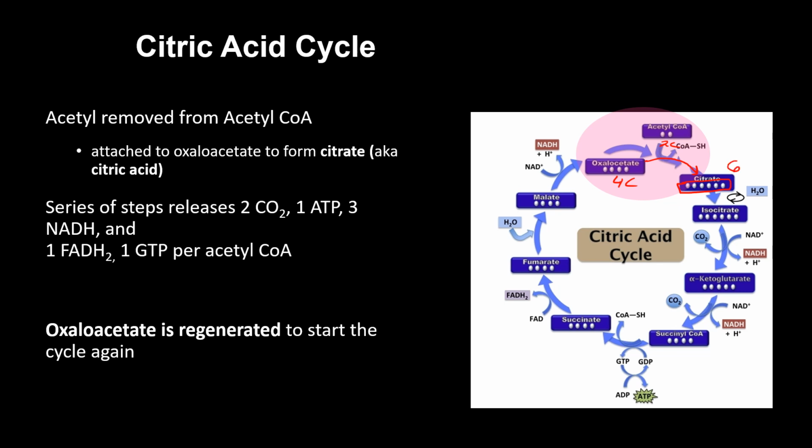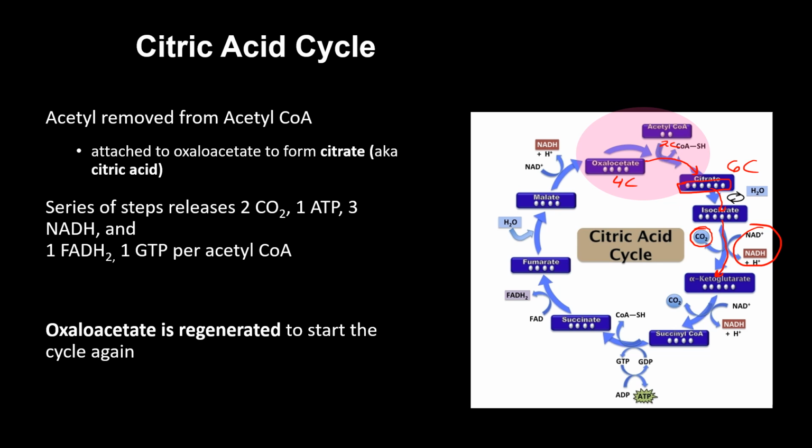That's a 6-carbon molecule. Okay, citrate, after it gets spun through and becomes isocitrate, then has some of its energy extracted by a dehydrogenase enzyme. There's our first NADH molecule popping out, and as a side product, we have our carbon dioxide coming off.